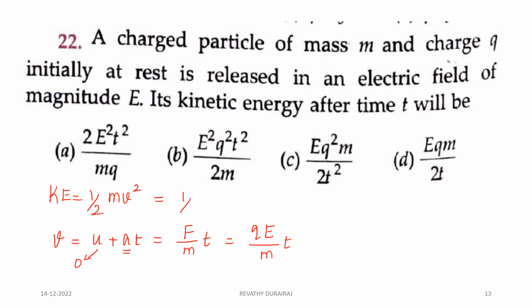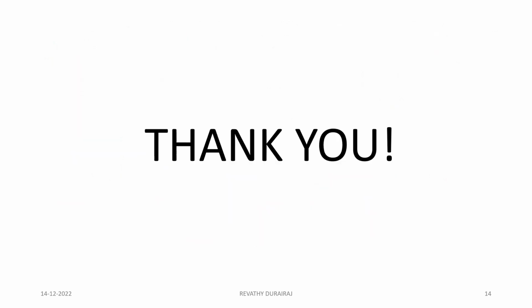It is half m q squared E squared divided by m squared, t squared. One m will go away. We can write this as E squared q squared t squared divided by 2m. So answer is B. Thank you.